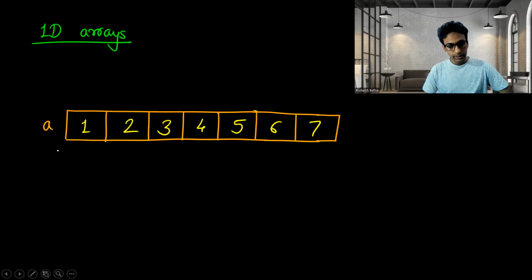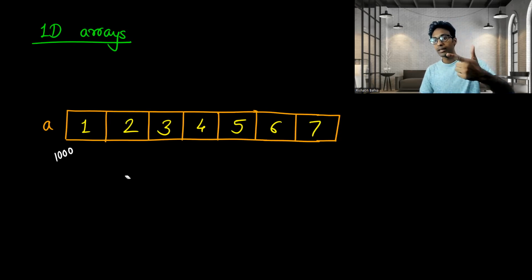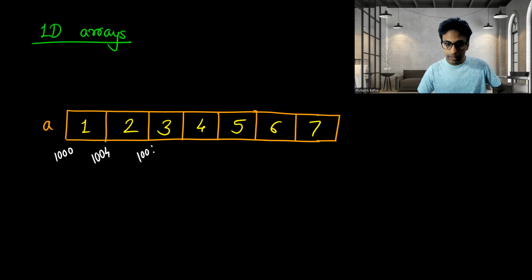Just get started with 1000. Then the size is 4 bytes. So the addresses will be 1000, 1004, 1008, 1012, 1016, 1020, 1024.